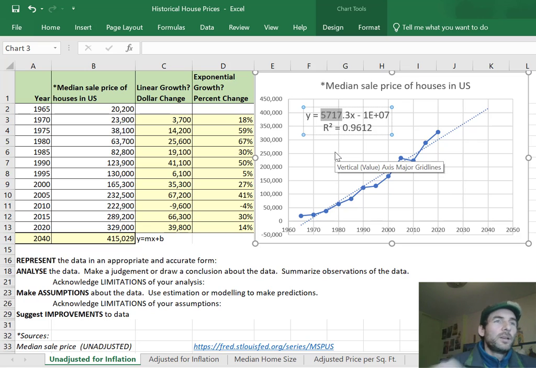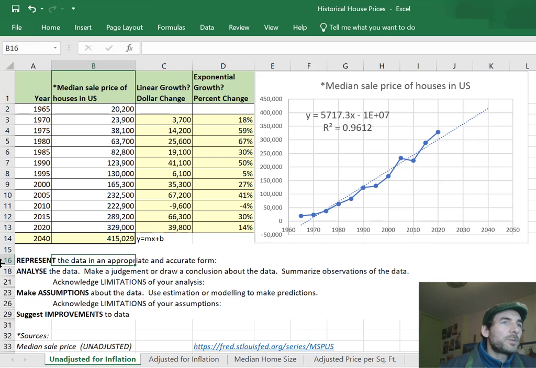But I'm just going to go back and I want to go through our quantitative literacy skills here one at a time. Okay, so the first thing we've done is we try to represent the data in an appropriate and accurate form. And what I want you to do is just think about, well, what did we do to represent the data? We were given a table, we were given numbers, we made a nice graph. Okay.